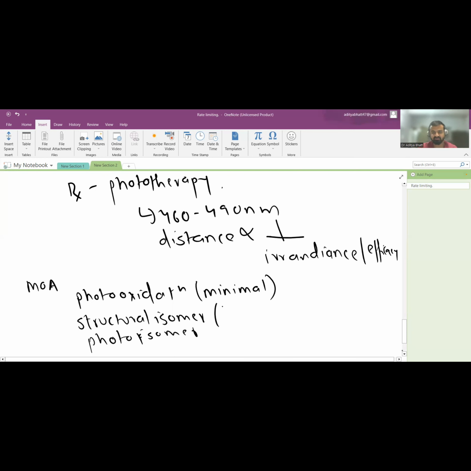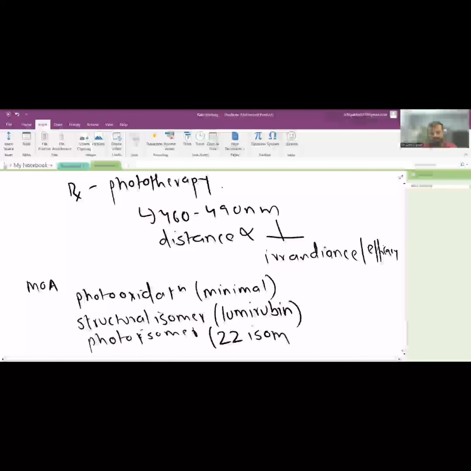Structural isomerism is the most effective, where lumirubin, which is water soluble, is formed from the bilirubin. In photoisomerization, the ZZ isomer of bilirubin is converted to ZE isomer. This is also another important MCQ, that ZZ is converted into ZE isomer.